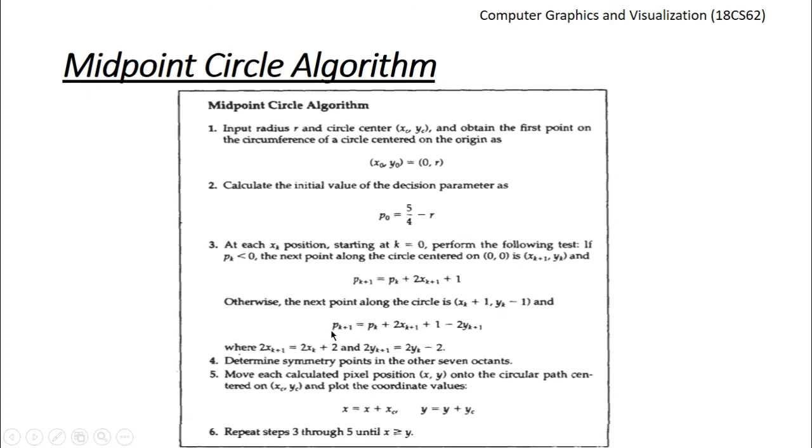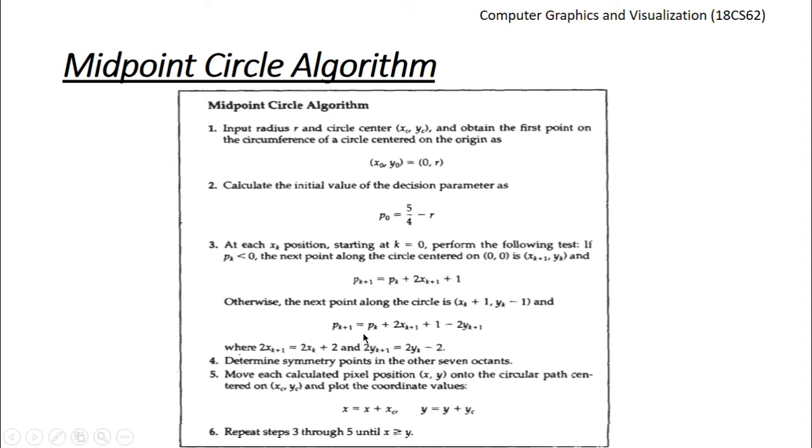The equation for the next decision parameter is pk plus 1 equals the previous value pk plus 2 into xk plus 1 minus 2 yk plus 1. This is the formula for computing pk plus 1 if the decision parameter pk is positive.